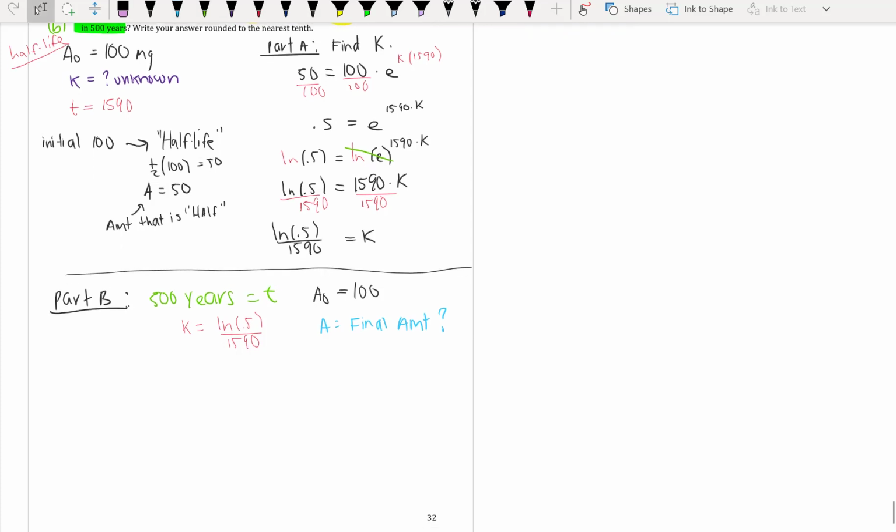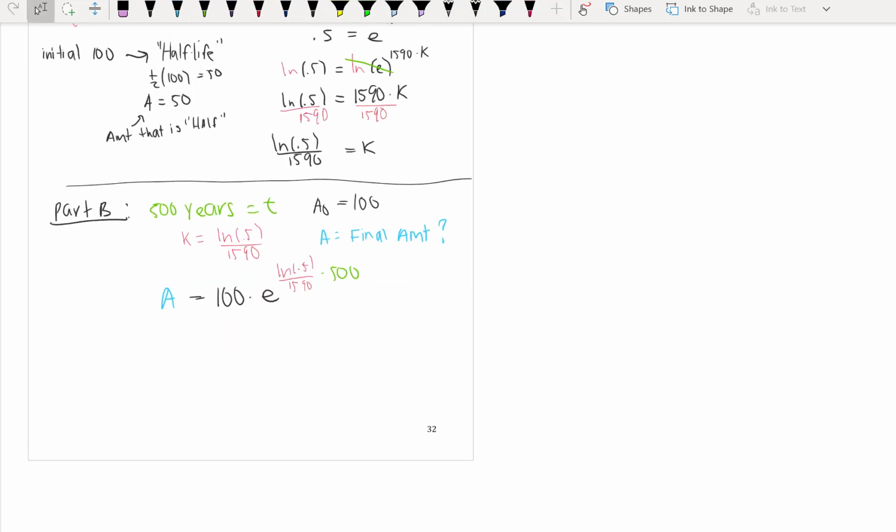That's your unknown. So now you have A is equal to your initial amount times e to your k value times your t for time, which is 500. So now I just plug all of this into my calculator.